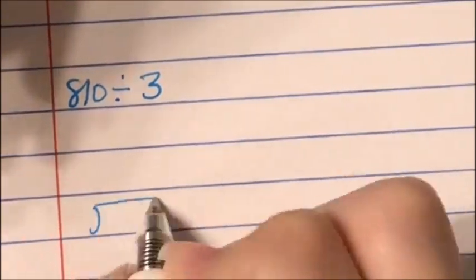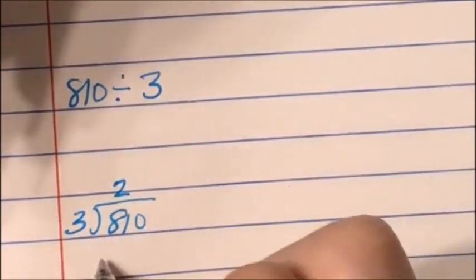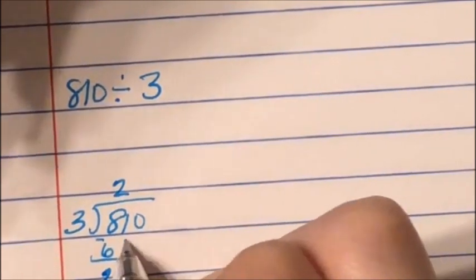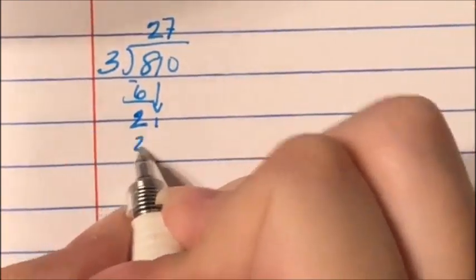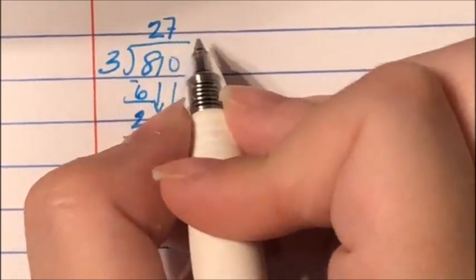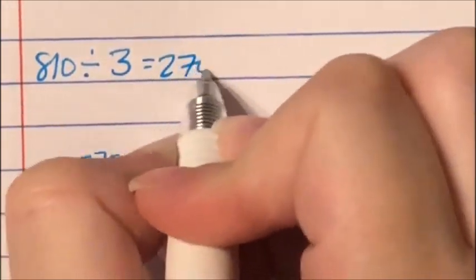So go ahead and divide. 3 goes in 8 2 times. 2 times 3 is 6. 8 minus 6 is 2, and I bring down my 1. 3 goes into 21 7 times. 7 times 3 is 21, which is 0, and I bring down my 0. 3 goes into 0 0 times. So I'm left with 0 for my remainder, so I get 270. So 810 divided by 3 is 270.